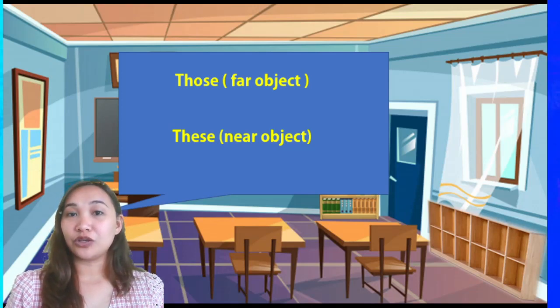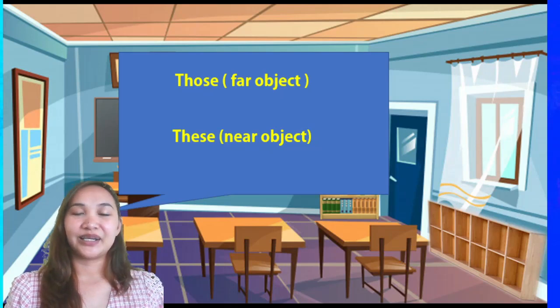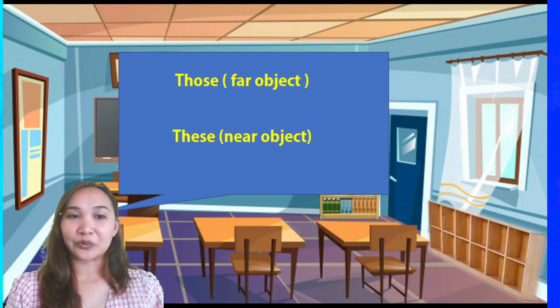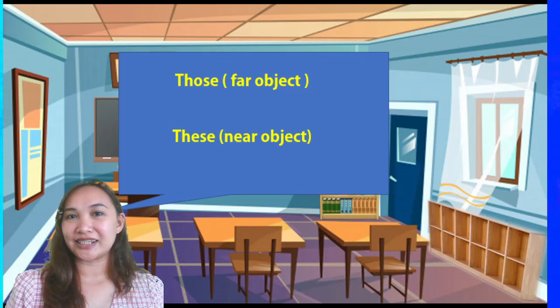And the other word we have is these. We use these if the objects are two or more and near to us.